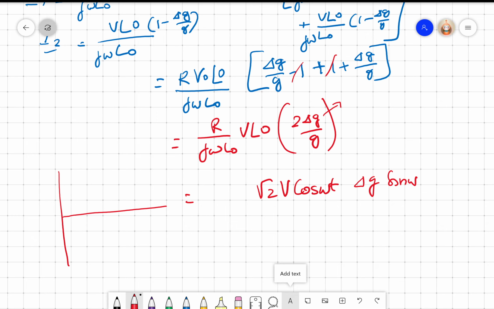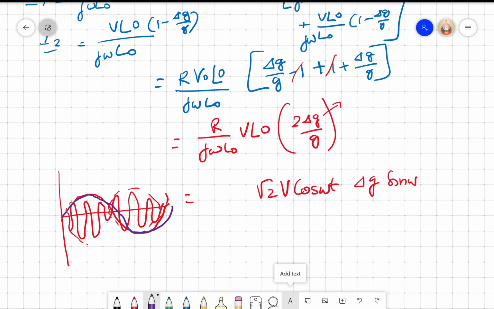And when delta G varies like a sine wave, the magnitude of cos omega t is multiplied by the sine wave. So this is delta G, and this is E naught, right?